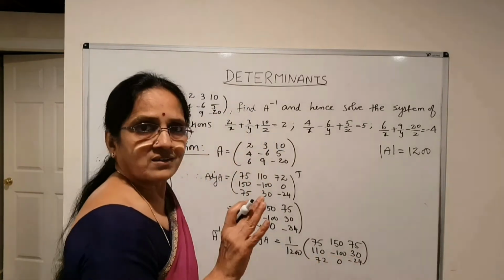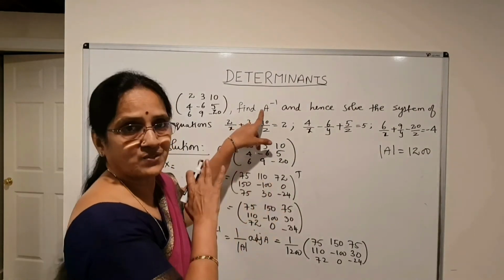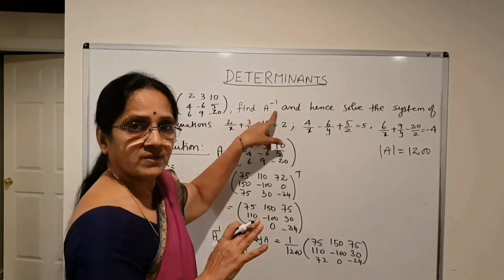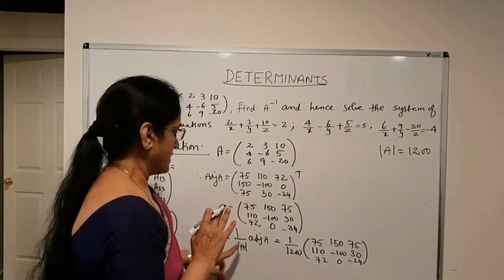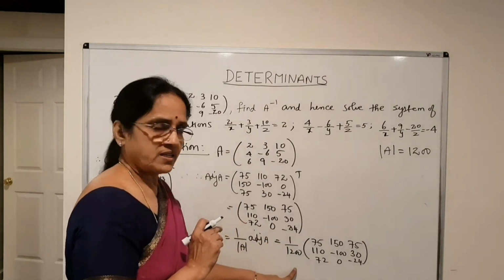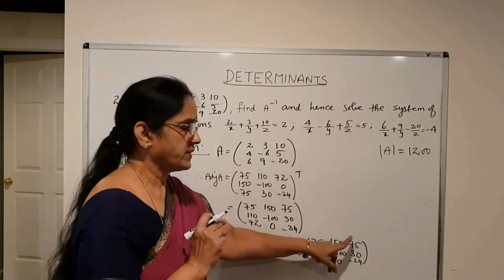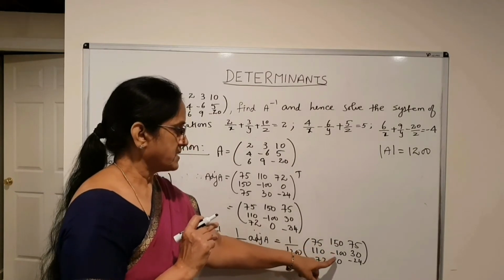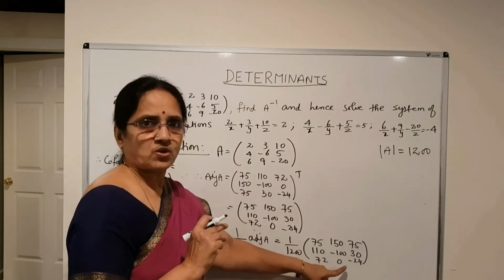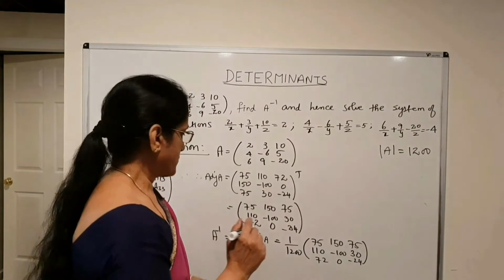So, we got the first part of the given question. You need to find A inverse. We have found out A inverse as 1 by 1200 into the matrix 75, 150, 75, 110, minus 100, 30 and 72, 0, minus 24. Okay, the first part is done.